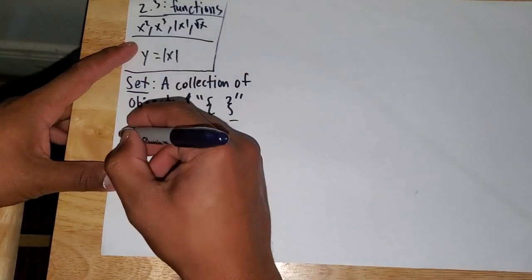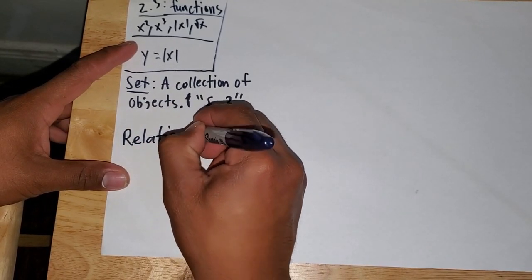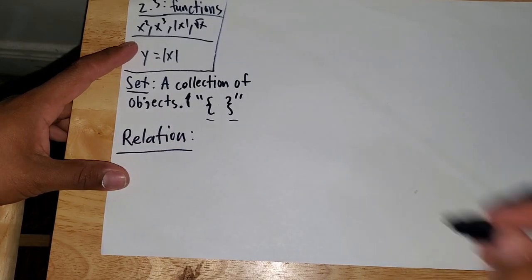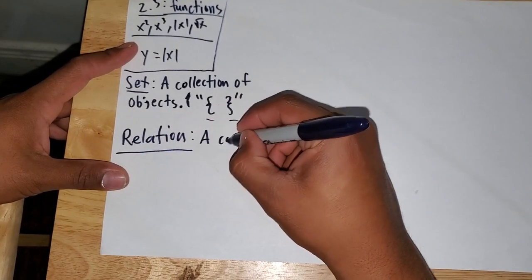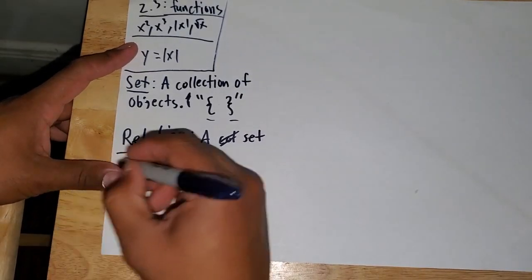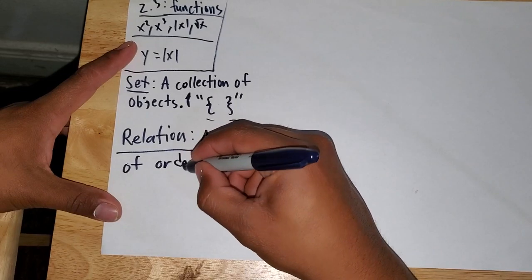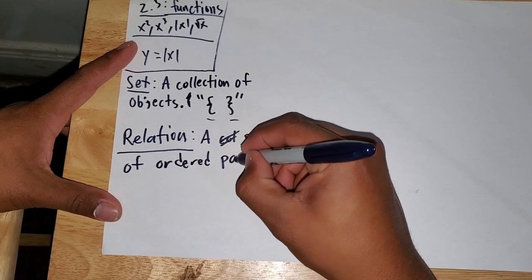But before we get into a function, we also need to define what a relation means. A relation is a set of ordered pairs.